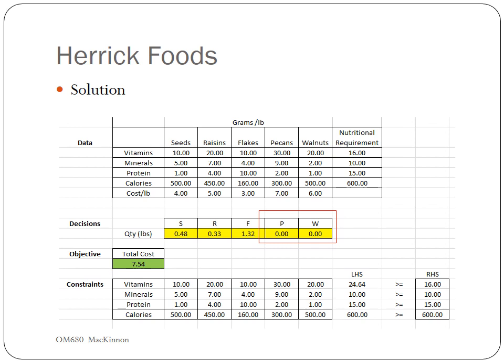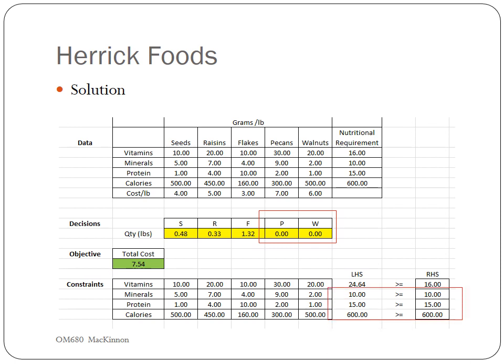So if you really love pecans and walnuts, this answer isn't going to satisfy you. But in terms of the parameters and constraints that we set, we can satisfy the nutritional requirements and minimize our cost by using only seeds, raisins, and flakes. And notice that the units are fractional, which is consistent with a linear model.